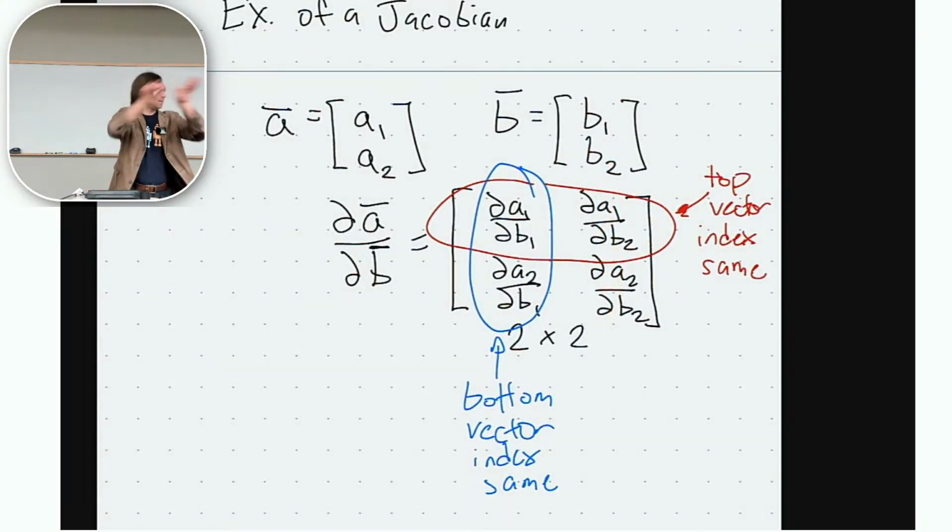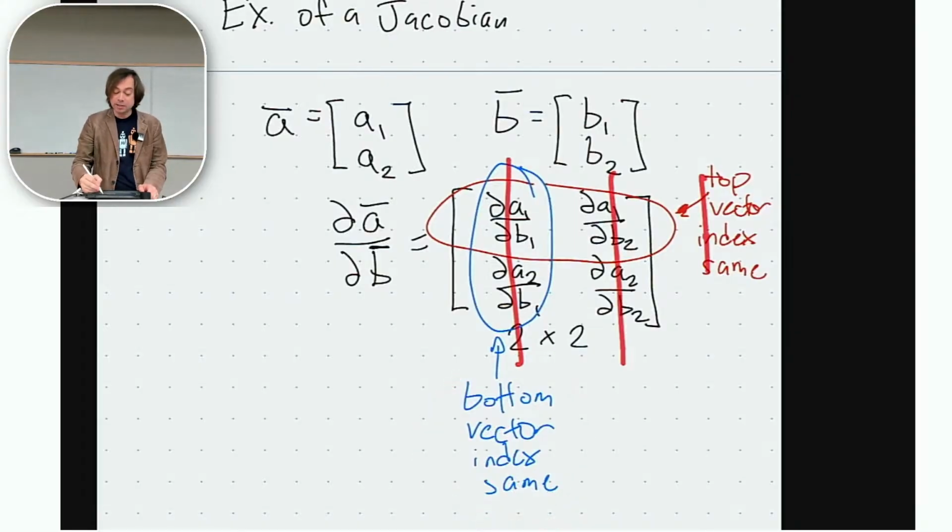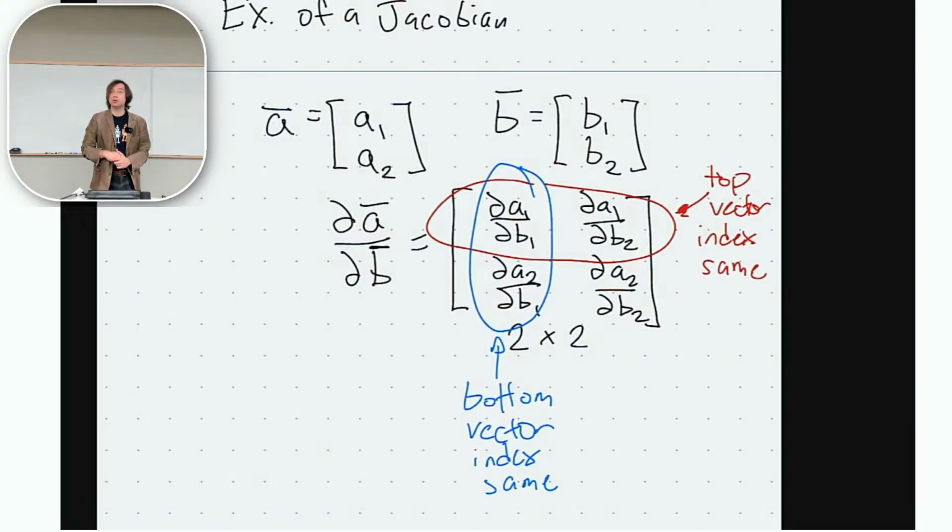So it's rows then columns, so it would be a 2 by 1. Because the bottom vector index is the same, the number of columns that you have is equal to the number of indices you have in that vector. Okay? That's like the speed run Jacobian lesson.